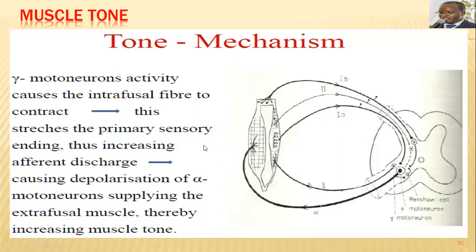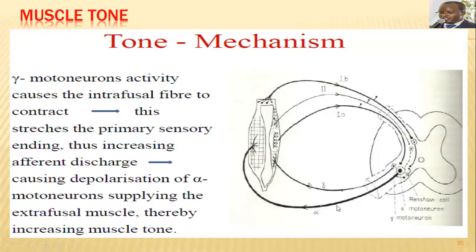So as the endings of the intrafusal contract, they bring about stretching of the sensory nerve endings. This will bring about firing of the sensory nerve endings. Then this type 1A is going to fire an action potential that is going to stimulate the alpha motor neuron.